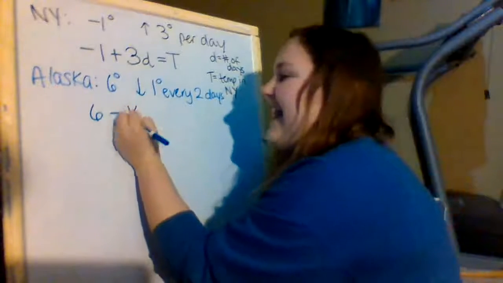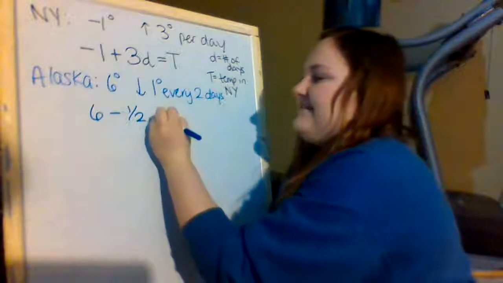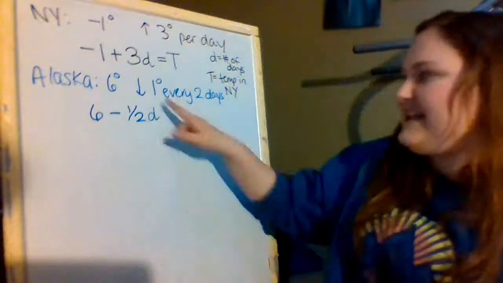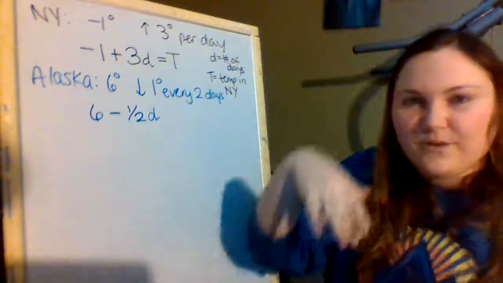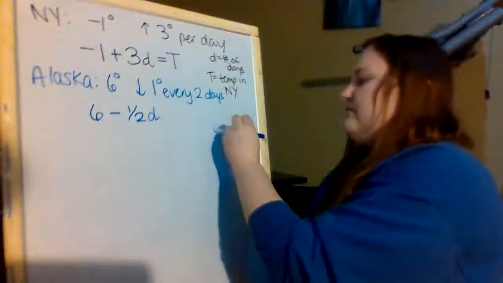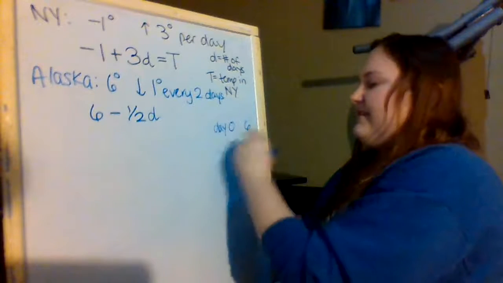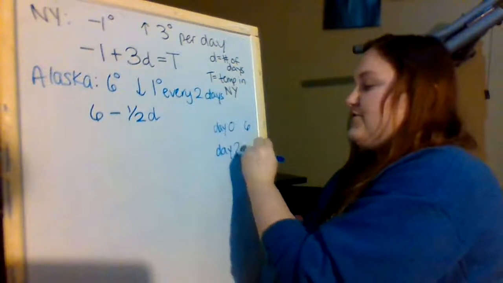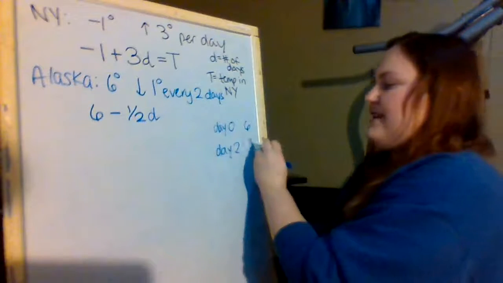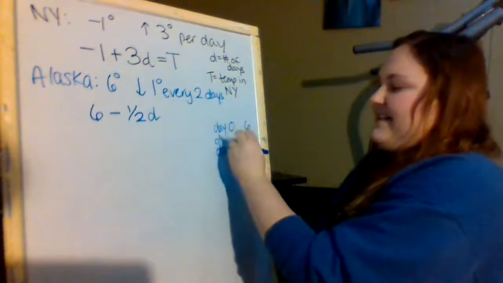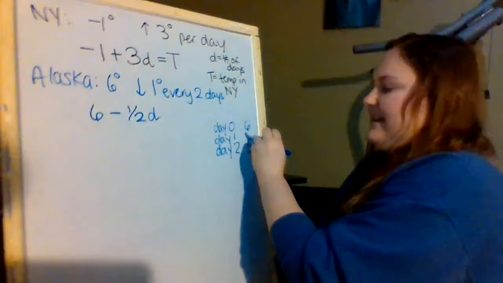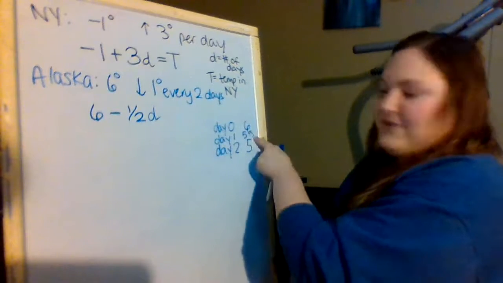It means it's falling half a degree every day. If it takes 2 days to go down 1 degree, so day 0, it's at 6. Day 2, it's fallen 1 degree, so it's gotten down to 5. That means after 1 day, it's only gone down half a degree.